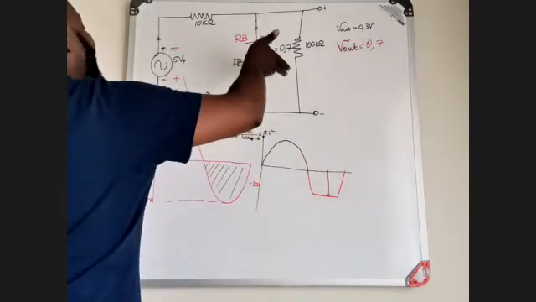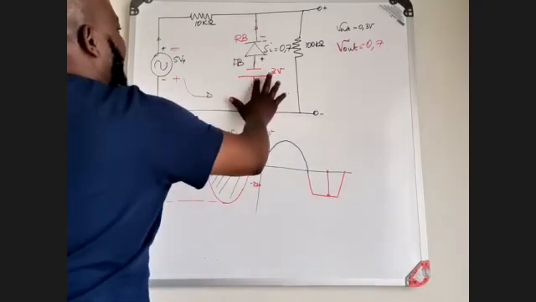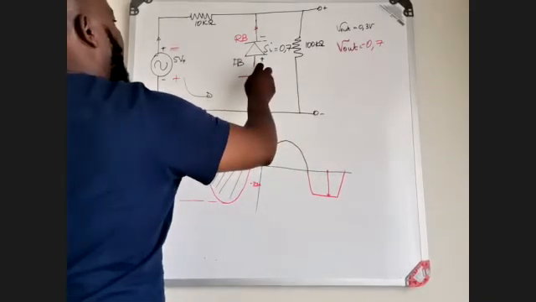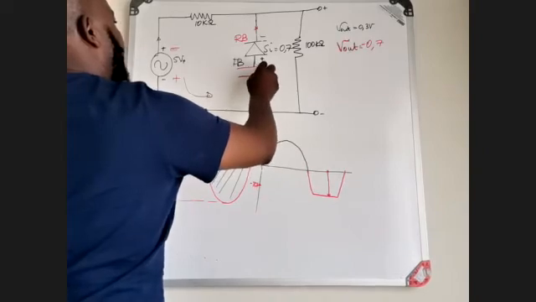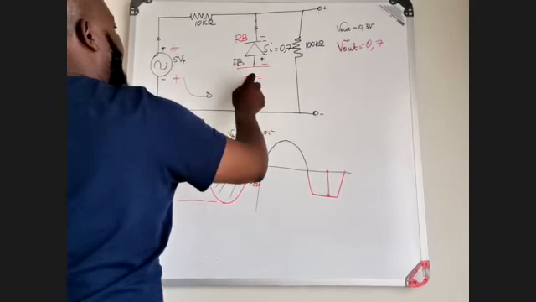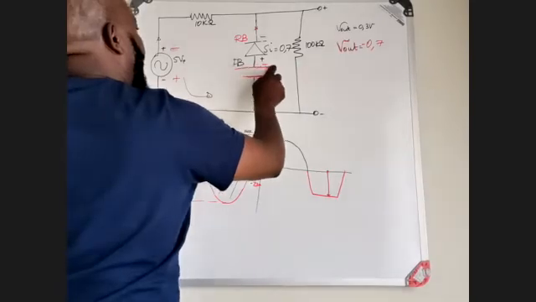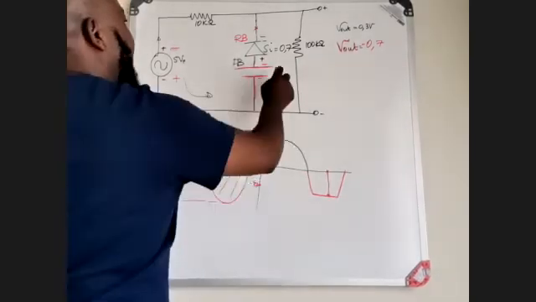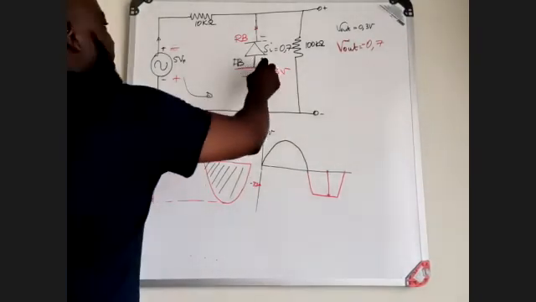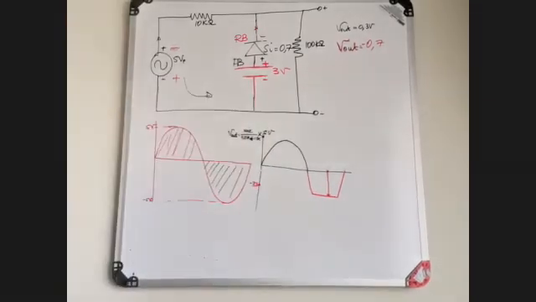If this is connected the other way around, positive there, negative there, and that one becomes 3 volts. This is positive, that is negative.